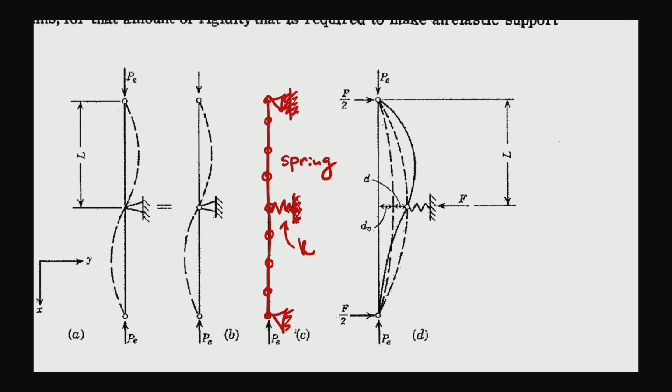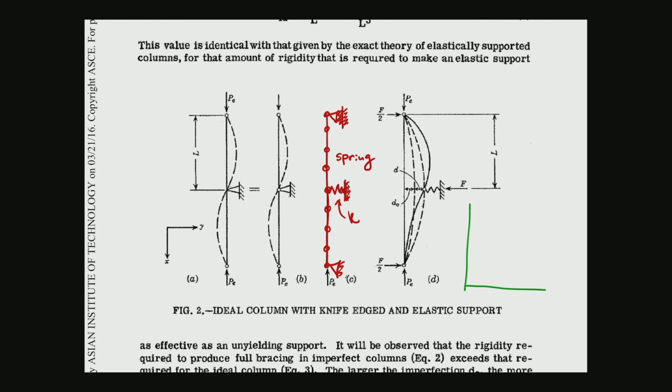Then you plot K on the horizontal axis, and P over PE, where PE is determined from this unbraced length, on the vertical axis. P over PE was supposed to be just 1, right?